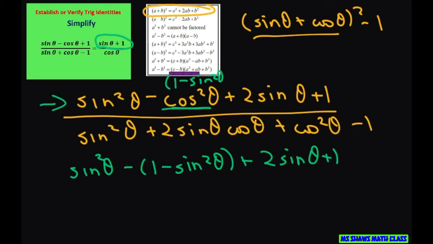And in the denominator, I'm going to write sine squared theta as 1 minus cosine squared theta.